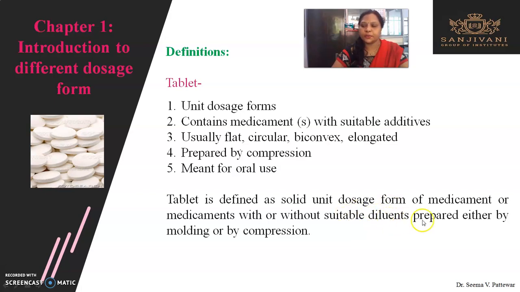It is prepared either by molding or by compression. Means two methods are there for the preparation of tablet, that is molding and compression. So this is the complete definition of tablet.